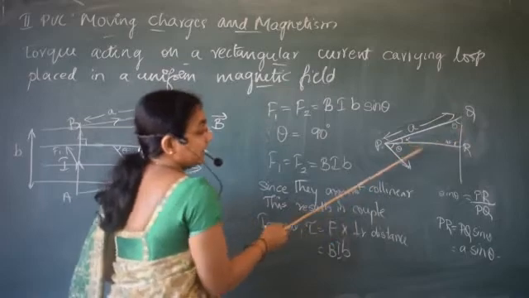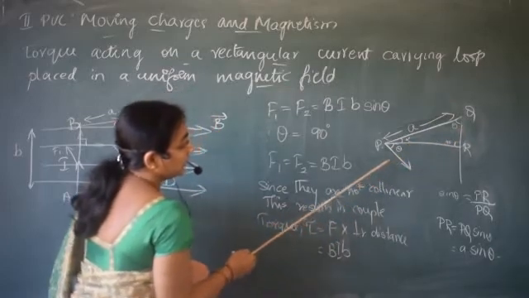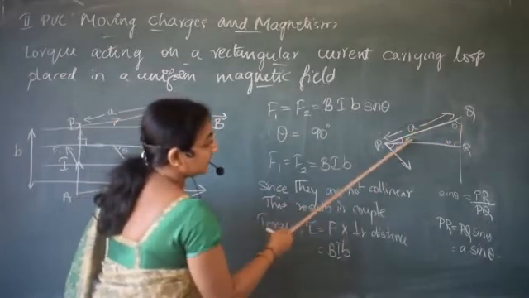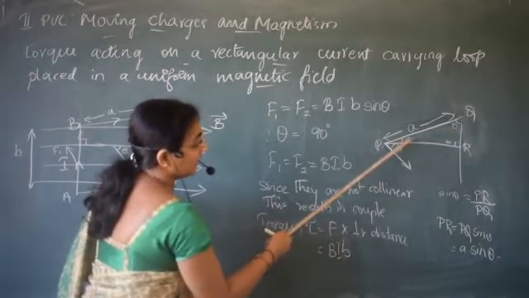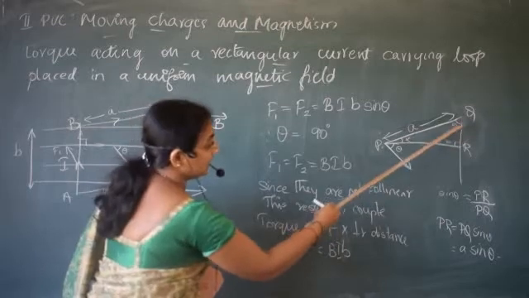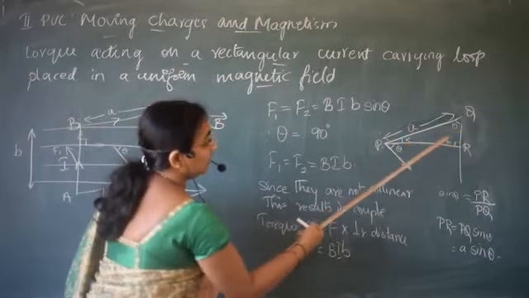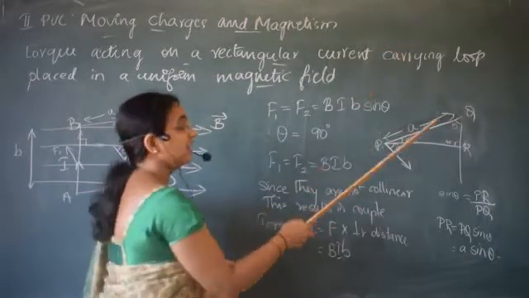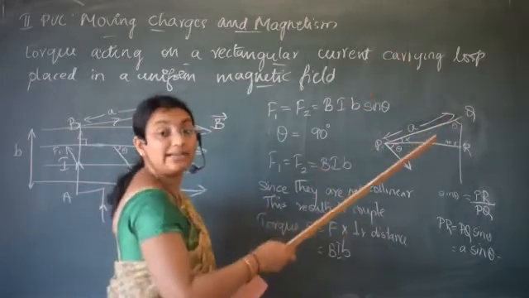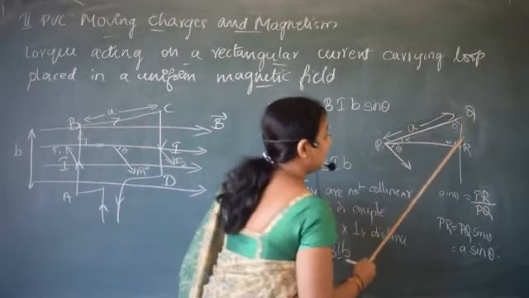Why? This full is 90, correct? 90 minus alpha is theta. So this is alpha, 90, plus this should be theta to become 180 degree, because in a triangle it is 180 degree. Okay, alpha, theta and 90.